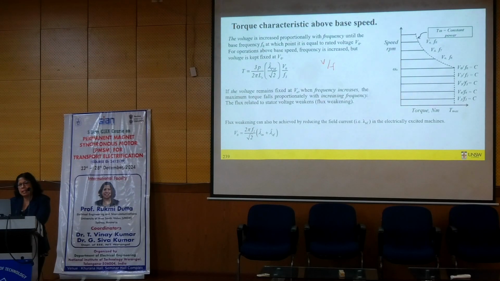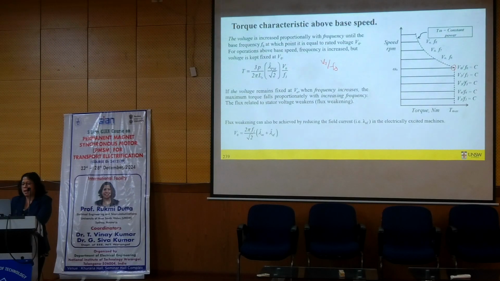You can only increase your voltage up to the rated voltage, right? So once we have reached the rated speed and rated voltage, after that I cannot increase my voltage anymore. If I want to still increase the speed, I have to keep the voltage constant. But frequency will still increase, right, if I want to increase speed.